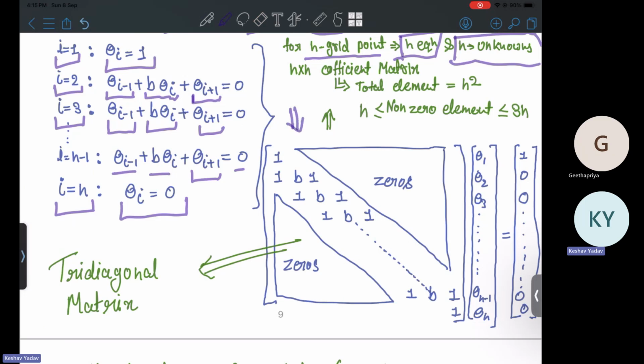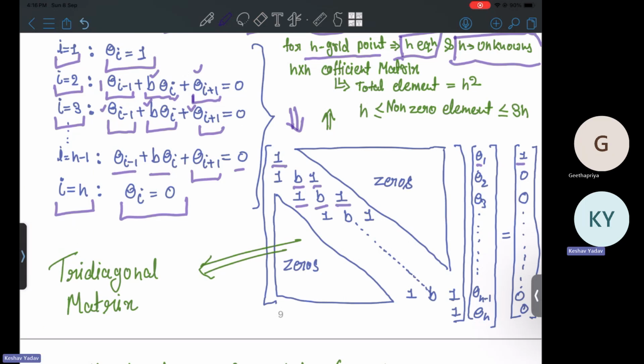For the first equation, the coefficient is 1, theta 1 equal to 1. Now in the second equation, from here it will come 1, from here it will come b, from here it will come 1. Similarly for the next equation, 1, b, 1.